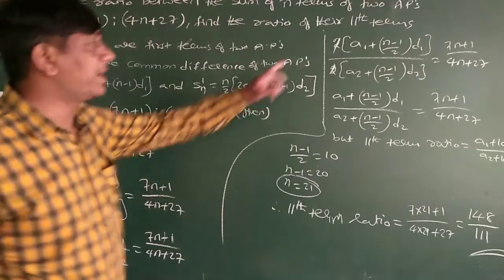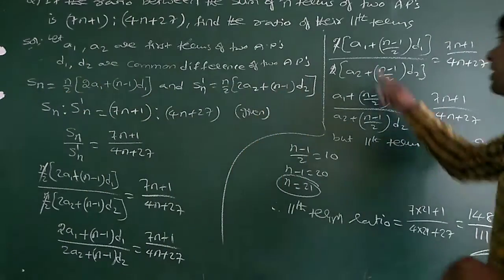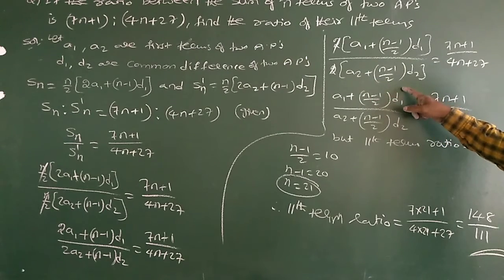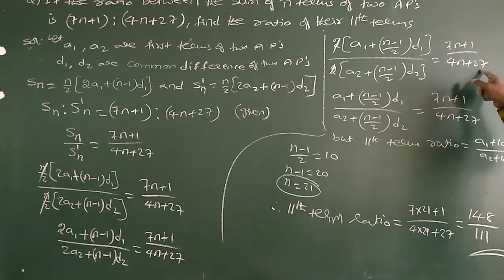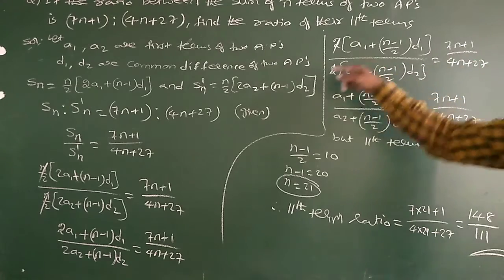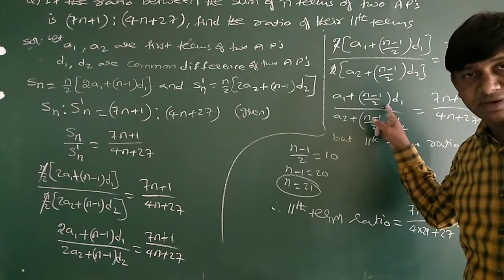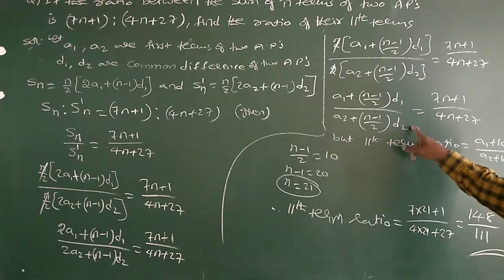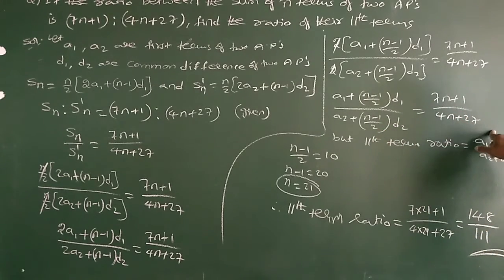Now take 2 common in numerator and denominator: a1 plus n minus 1 by 2 into d1 by a2 plus n minus 1 by 2 into d2 is equal to 7n plus 1 by 4n plus 27. The 2 cancels.